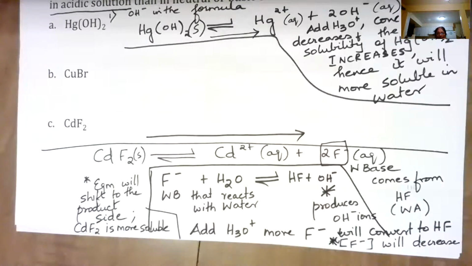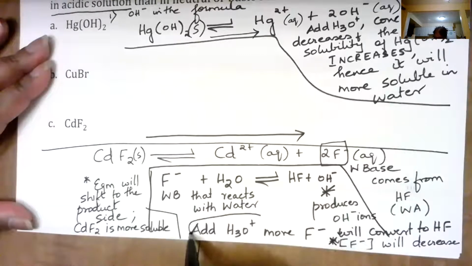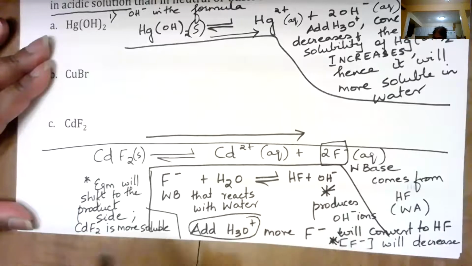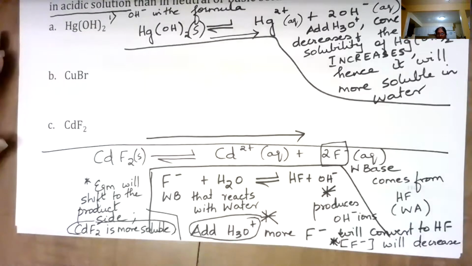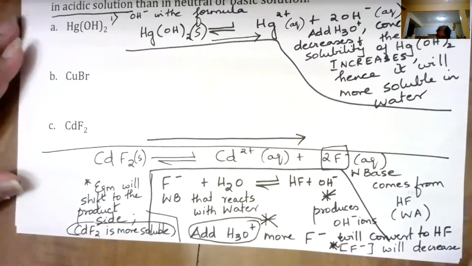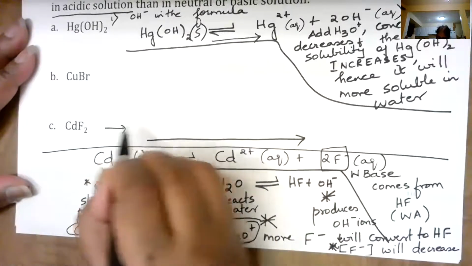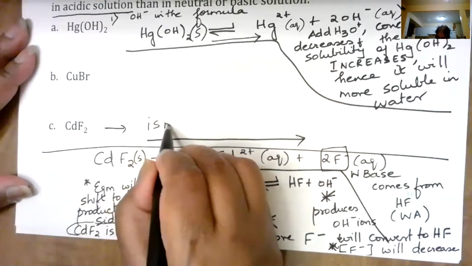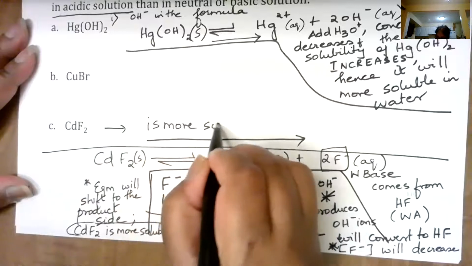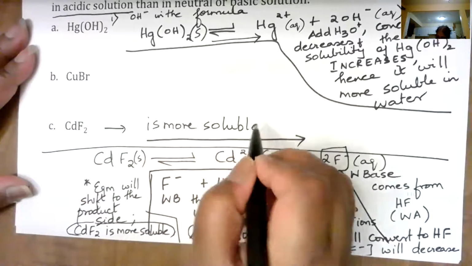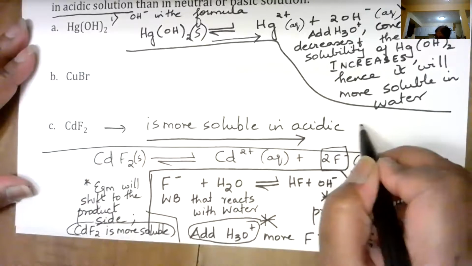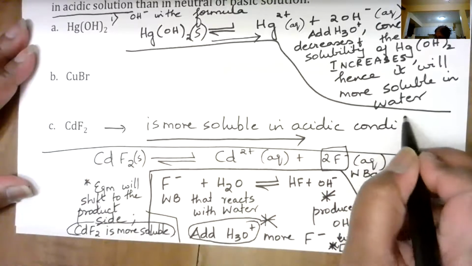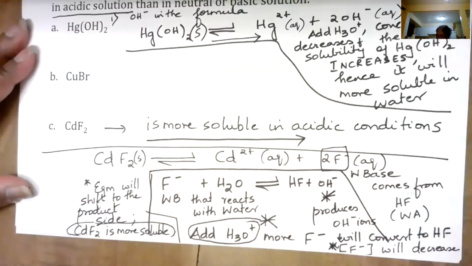So you're adding H3O plus, and CdF2 becomes more soluble. So when you decrease the pH, CdF2 is more soluble in acidic conditions. Got that?